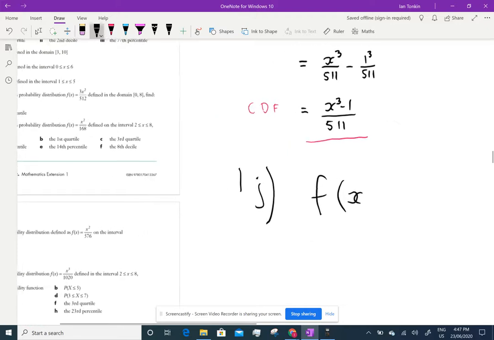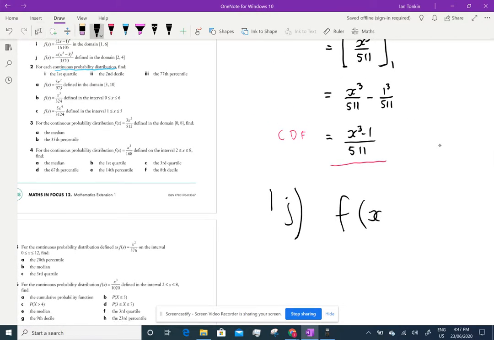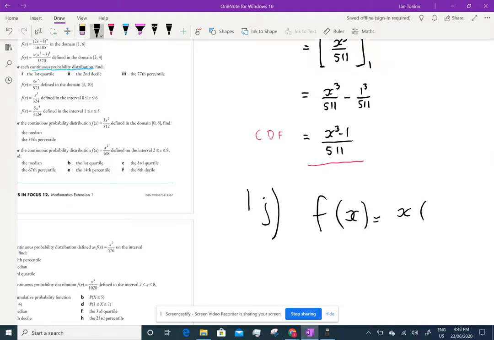So what's f of x in J? F of x equals x squared minus 3 cubed over 3570.